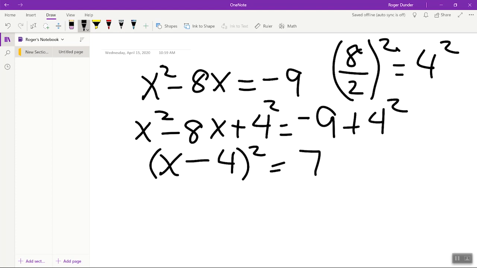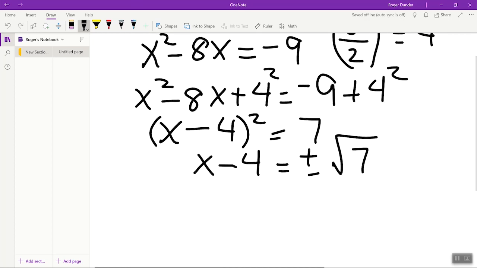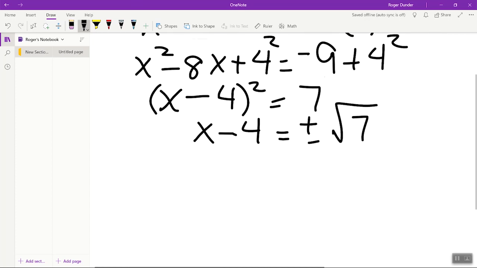Now I take the square root of the left and the right. The square root of the left is nothing but x minus 4, and then plus or minus the square root of 7. So what are now our two answers? We will have x is equal to 4, taking the 4 to the right side, plus or minus the square root of 7.